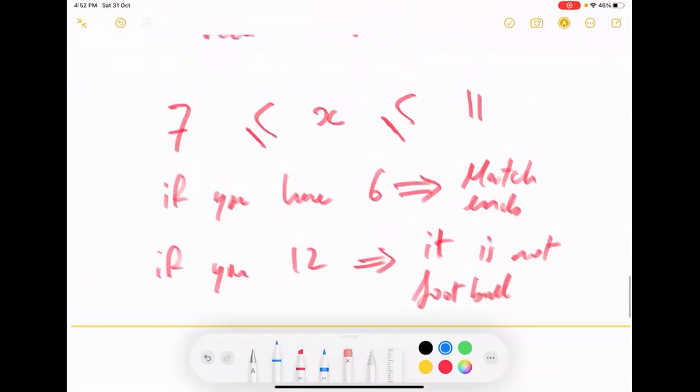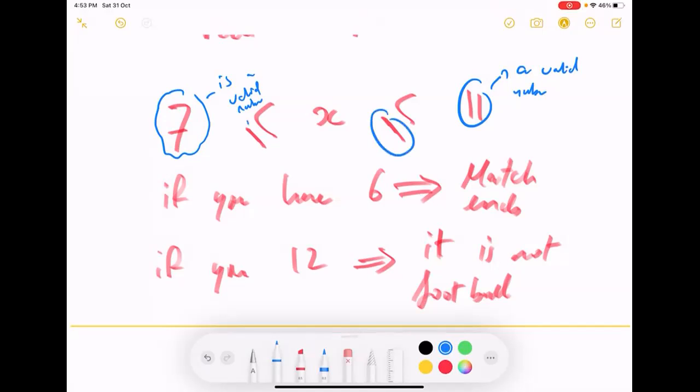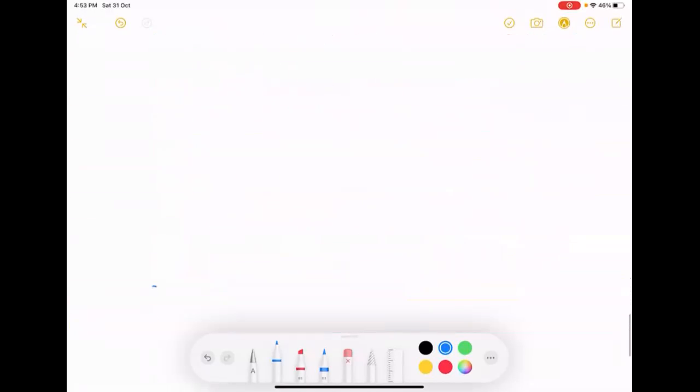So 7 is a valid number, right? So we will put the number of players can be equal to 7, and that would not cause the game to end, so we put an equal. And 11 also is a valid number. We can have 11 players in the field, so we put it equal. When we take another example, you will catch it up.